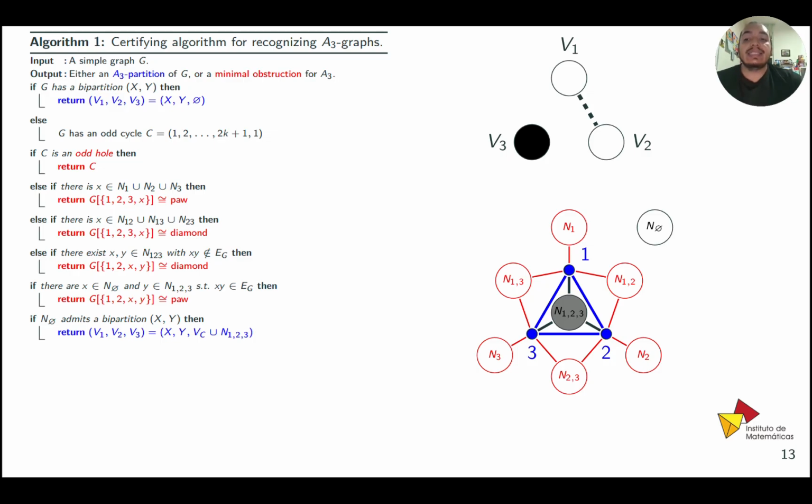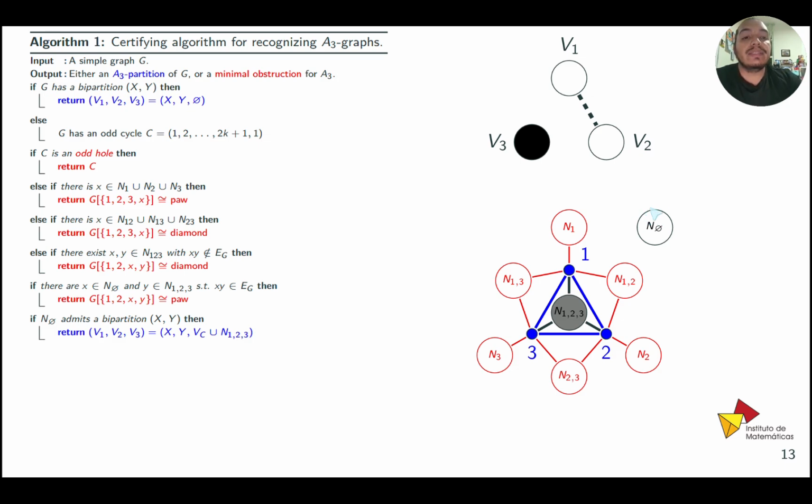So in this case, if n empty admits a bipartition, then we have this A3 partition of the graph, which is simply taking the bipartition of n empty to the sets b1 and b2, and the clique 1, 2, 3 together with the set n123 for the clique b3. Okay, so that happens if n empty has a bipartition.